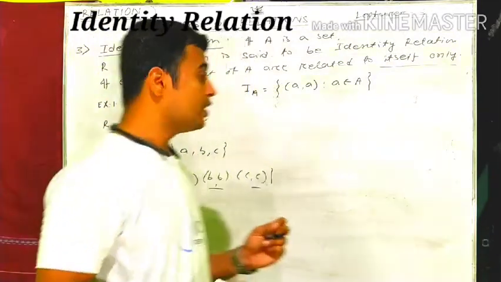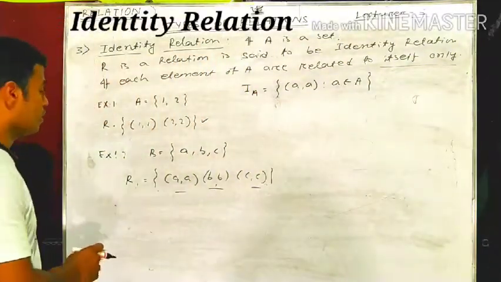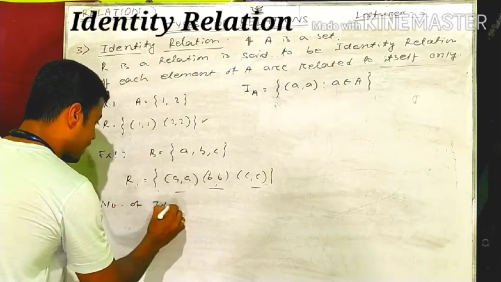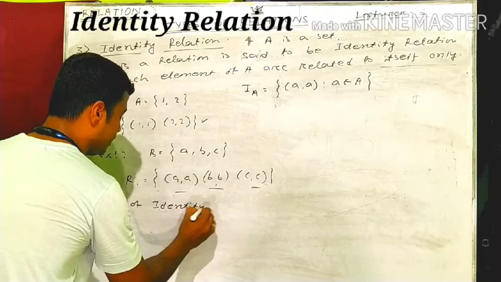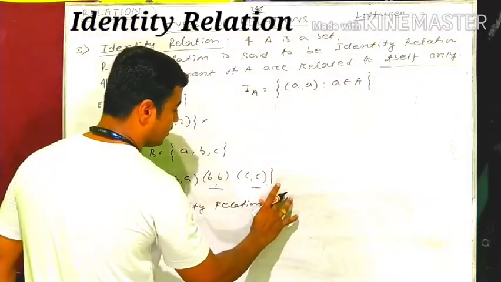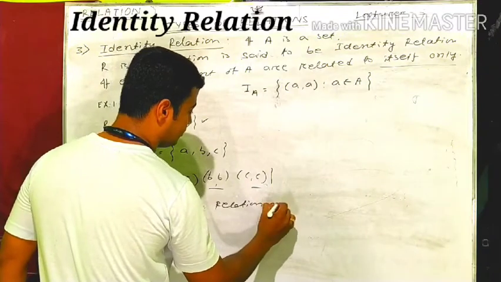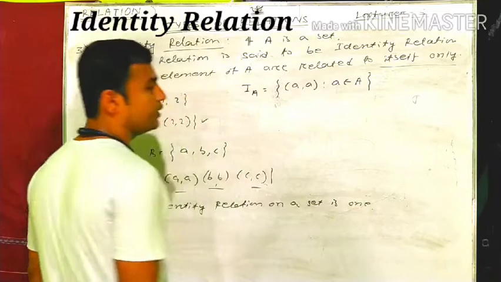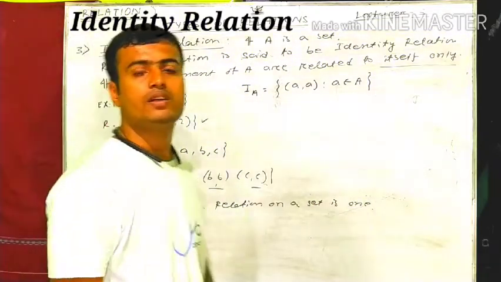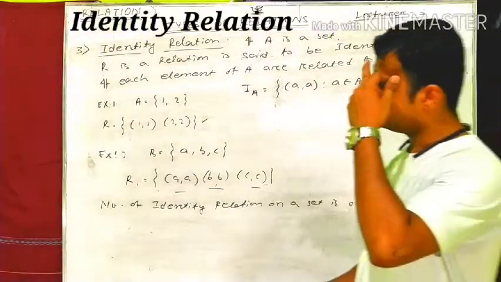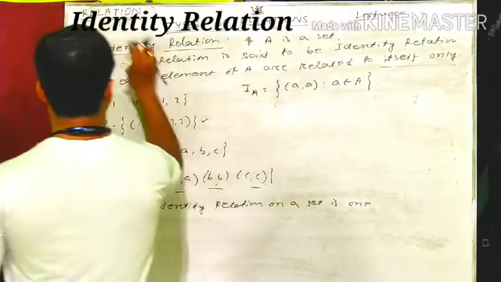Now, the number of identity relations on a set is 1. In any set there is only one identity relation. So this is our identity relation.